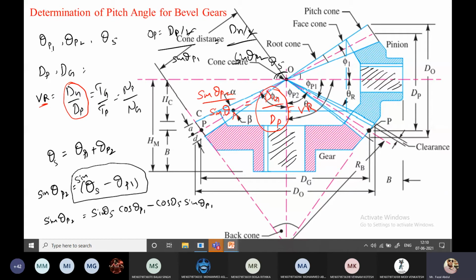Now in the equation we expanded, sin theta p2 is required.